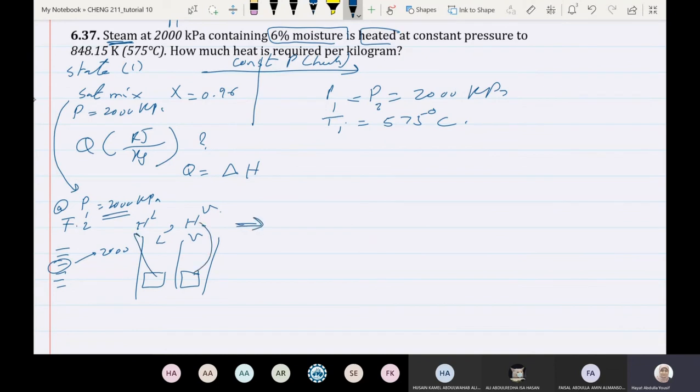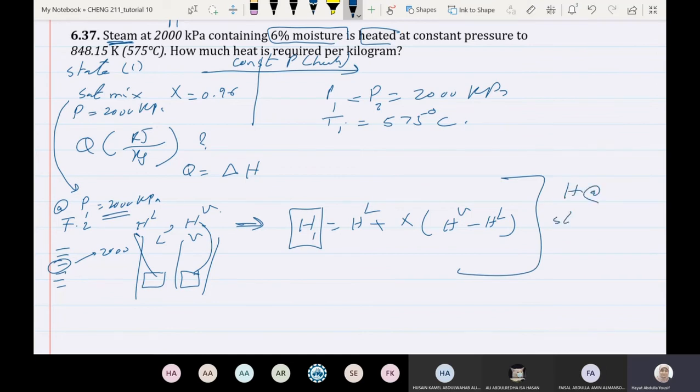When you choose the pressure, 2000, the first 2 columns give the liquid and vapor properties. Then substitute: H1 is equal to H liquid plus the quality times H vapor minus H liquid. So it is done, and you can get H1. That is with regard to state number 1, which defines H at state 1.